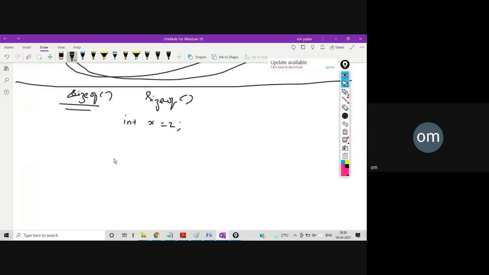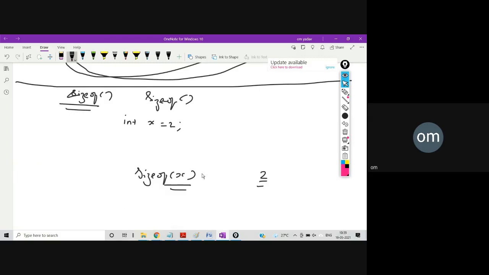So if I try to print this, if I write sizeof x, so sizeof x is what? It will give me 2 bytes. Okay, so 2 it will give me, because the integer data type requires 2 bytes, so it will give me 2 bytes. If on your machine it's requiring 4 bytes, it will give you 4, okay.